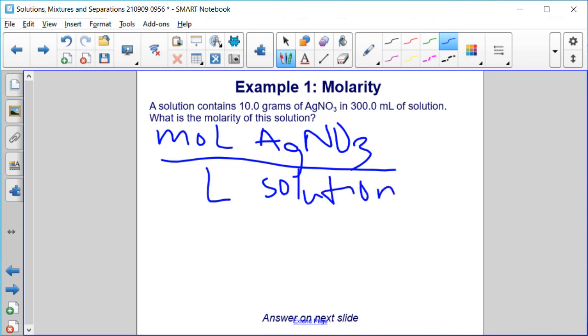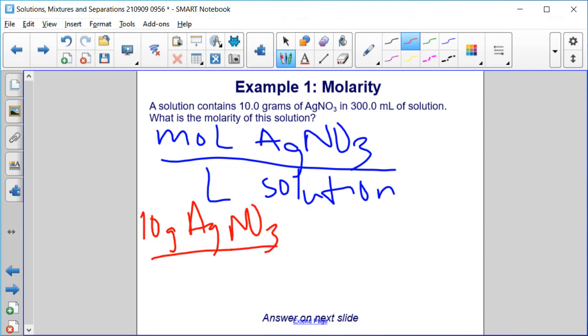Okay, so we are not given moles, nor are we given liters. So we've got a little work to do here, right? So the first thing we need to do is convert this 10 grams of silver nitrate into moles. Silver nitrate has a molar mass of about 170 grams per mole.